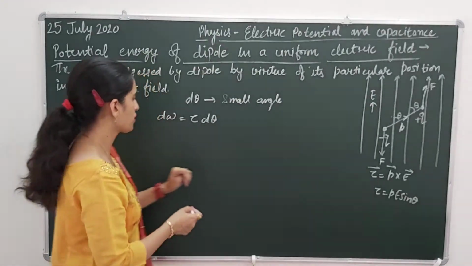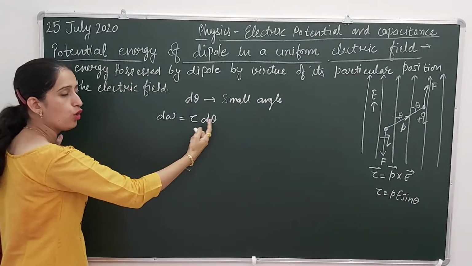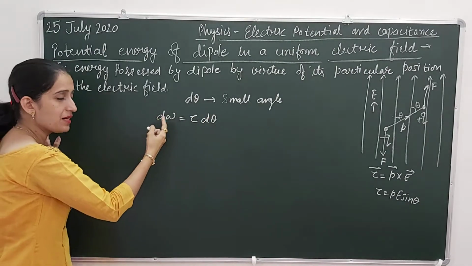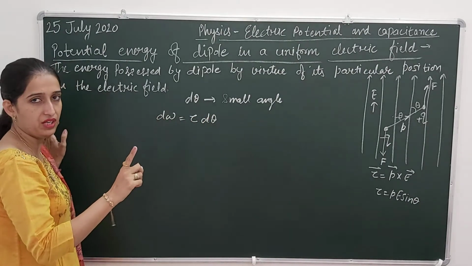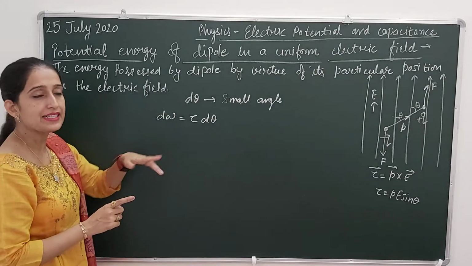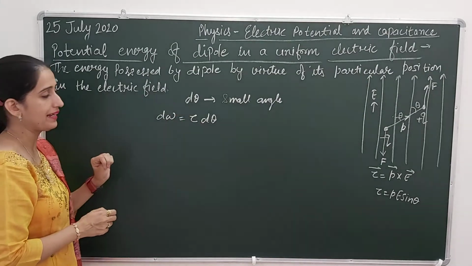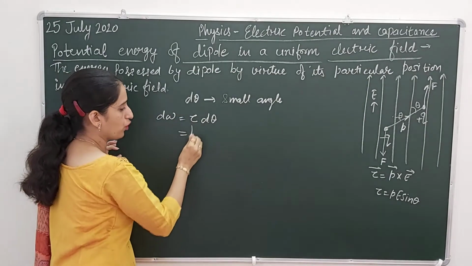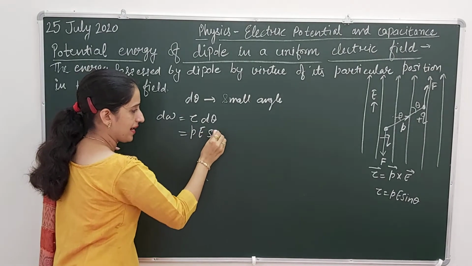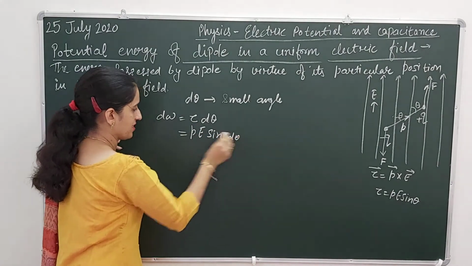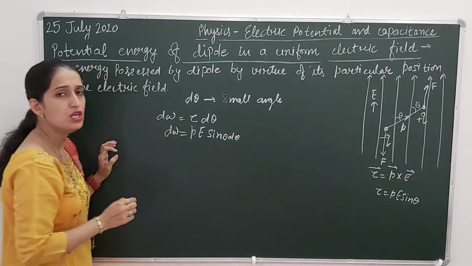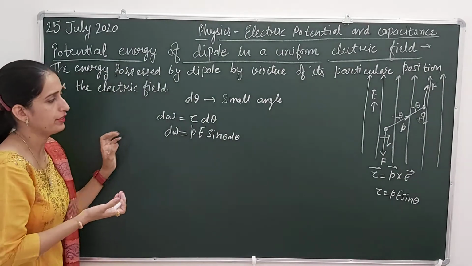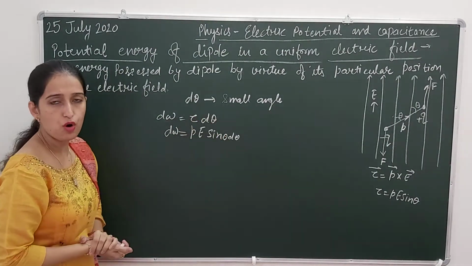In rotational motion, work done is tau d theta. dW is the small amount of work done in rotating the dipole through a small angle. Putting the value of tau, dW equals pE sin theta d theta.